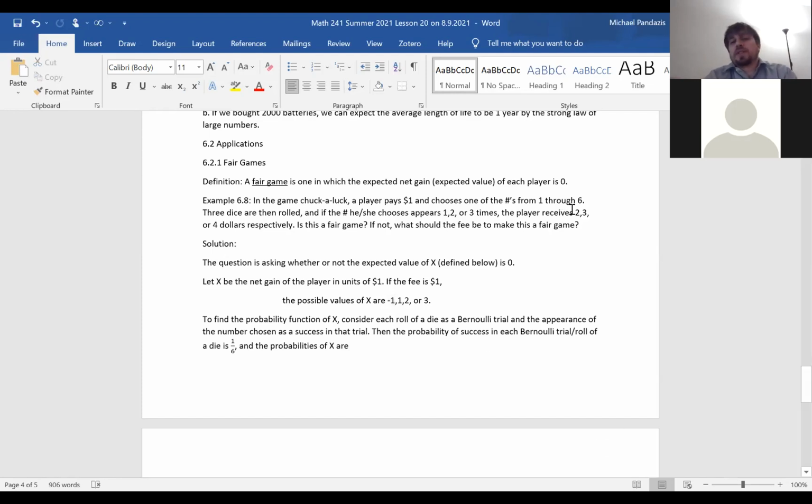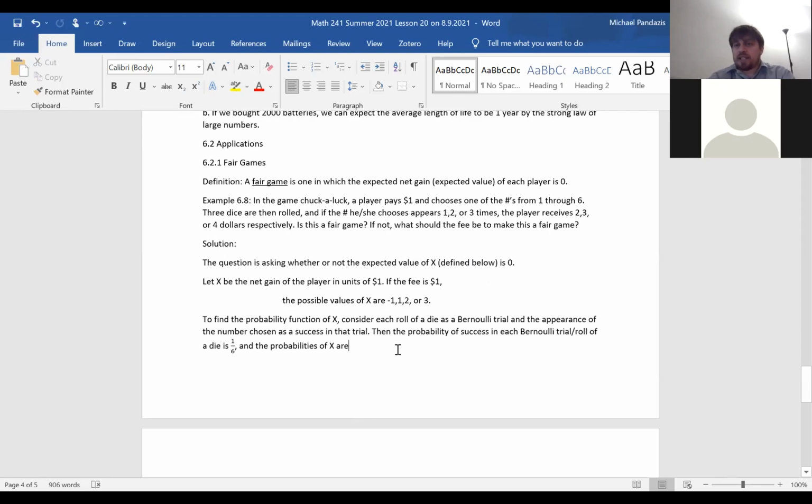Okay, but if you made $2, what's your net gain? 1. 1, right? If you made $3, what's your net gain? 2. And if you made $4, what's your net gain? 3. So what are the possible net gains that you could have for playing the game? -1, 1, 2, or 3.